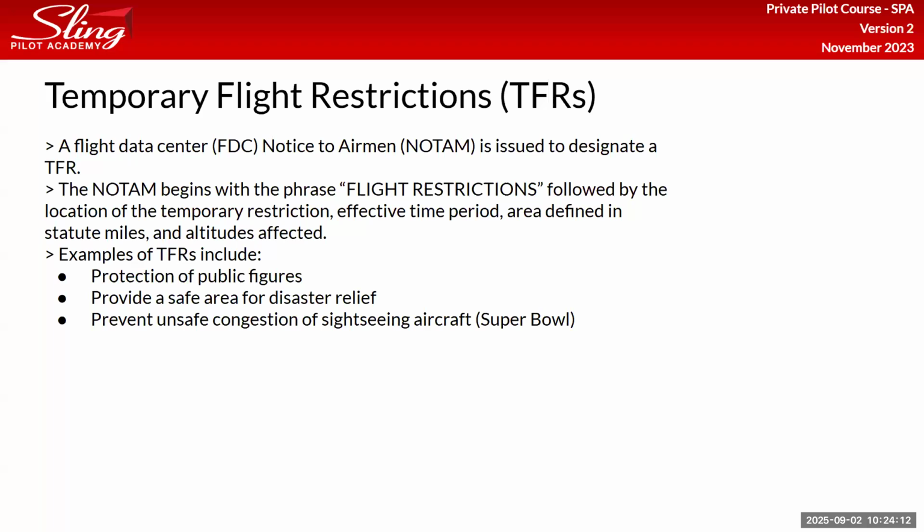TFRs are supposed to have an effective time period, but the Disney one is an oddity: they just keep it up there, an indefinite TFR. It's not supposed to be indefinite, but they keep extending it and they don't want anyone flying over Disney. So it's a temporary flight restriction, but it's there all the time.